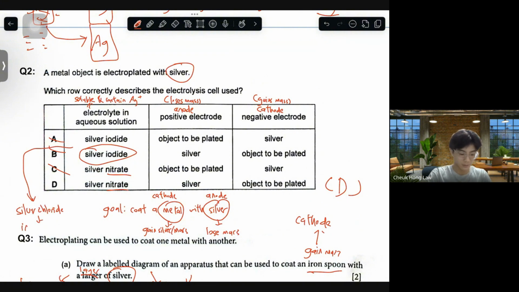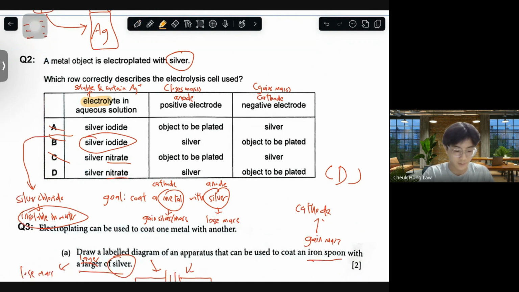It is insoluble in water. So if it's insoluble in water, that means it cannot dissolve in water to form any mobile ions. For an electrolyte in aqueous solution, we want to make sure that they contain ions that can move, especially the silver ions. So if it's insoluble, then it cannot be used as an electrolyte. Does that make sense?